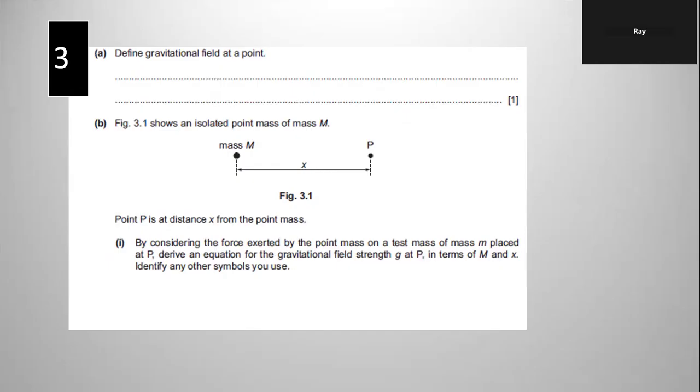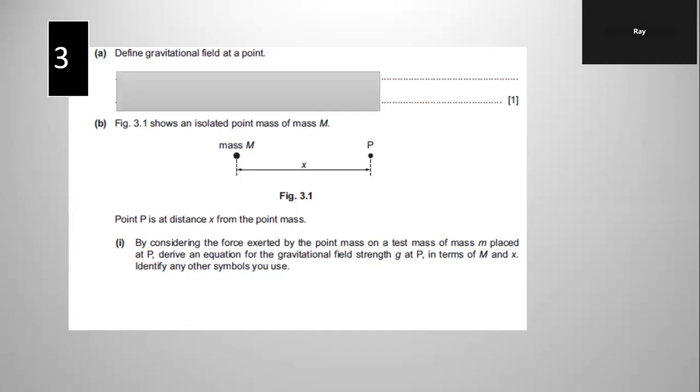Question 3, 1 and 2 we have done already. Gravitational field at a point: force per unit mass. Good. Force per unit mass. And there's your 1 point.